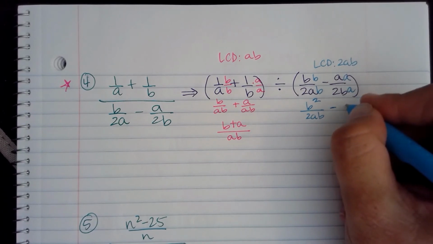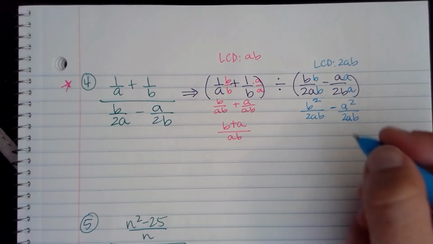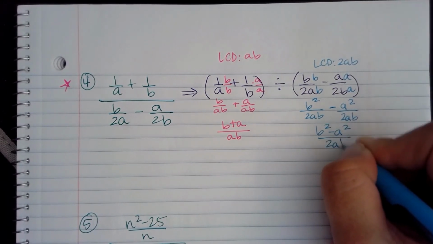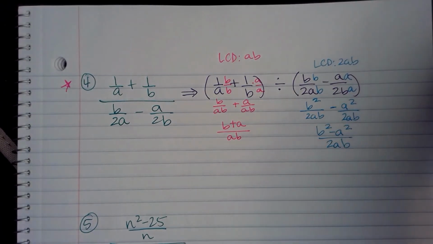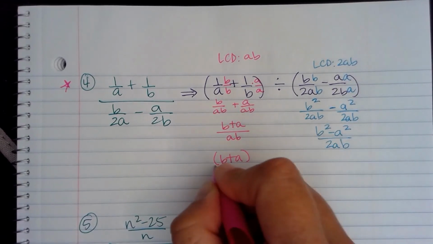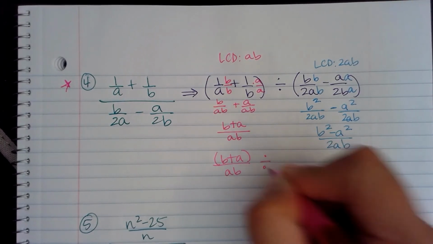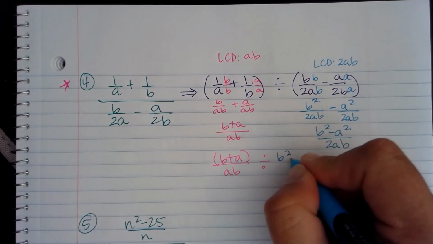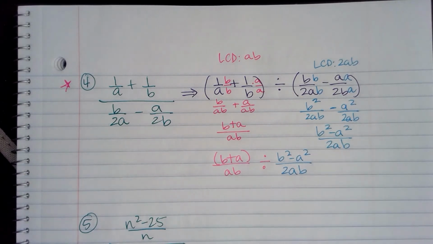And this is A squared over 2AB. So B squared minus A squared over 2AB. Okay. So now I have B plus A over AB divided by B squared minus A squared over 2AB.